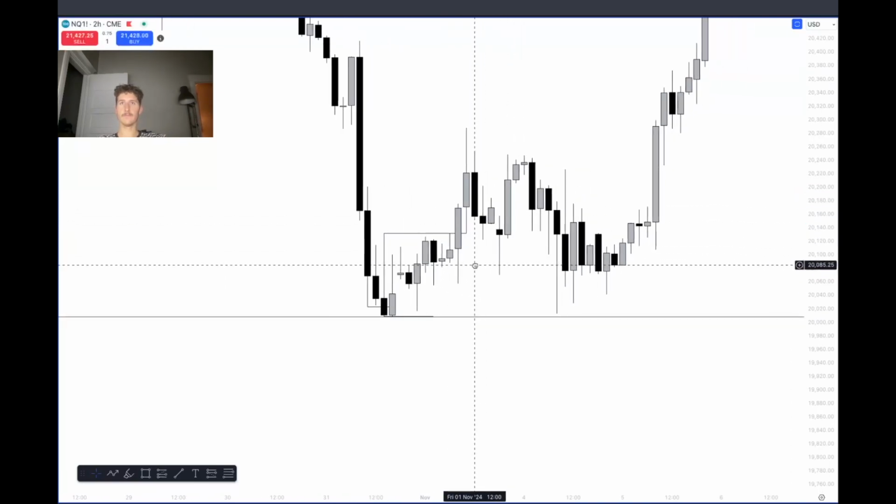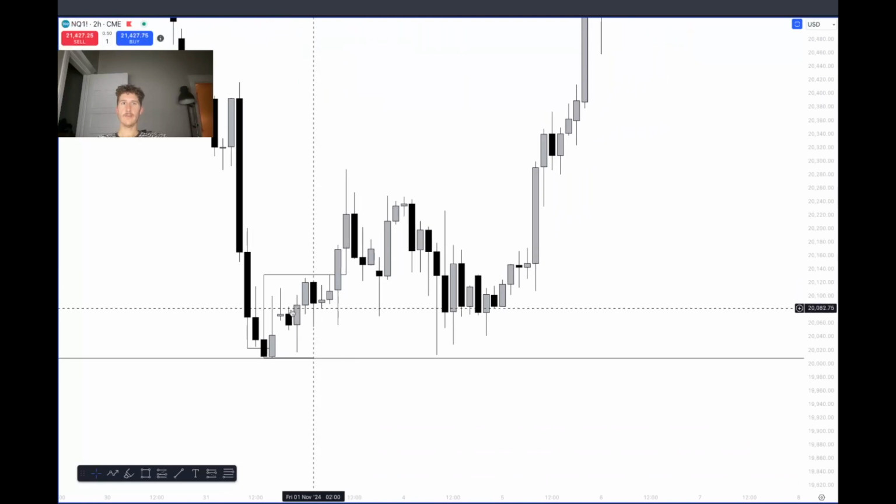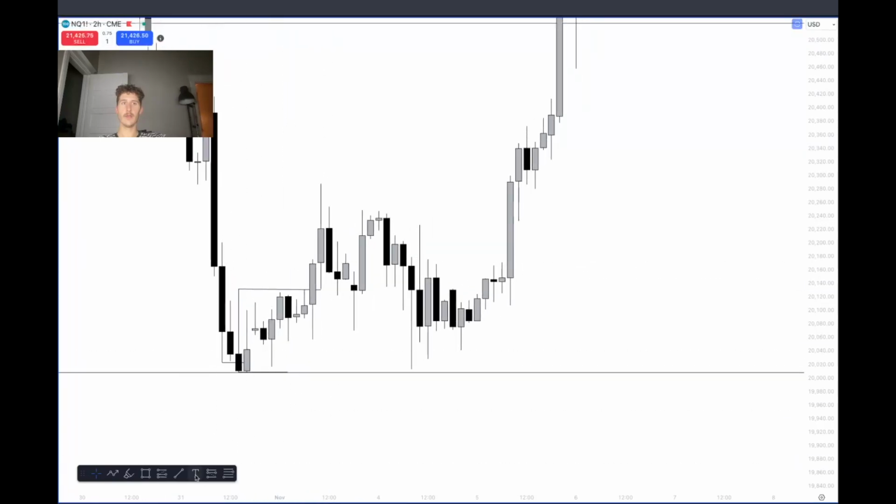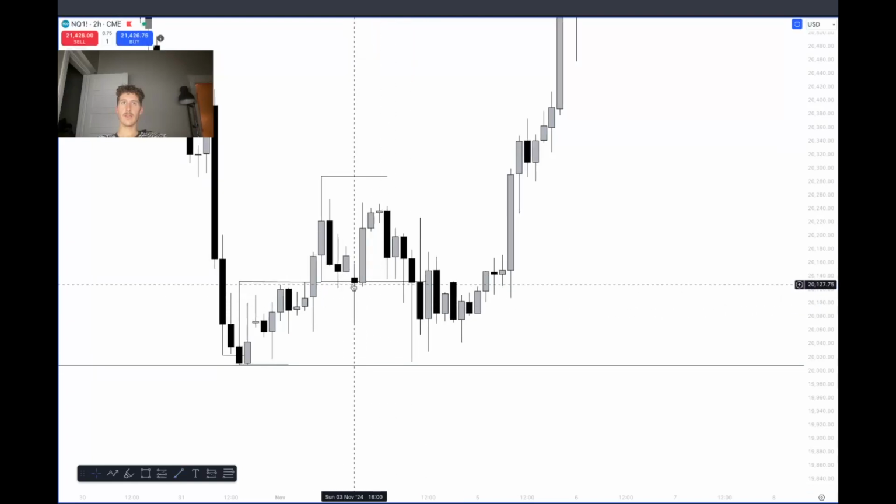Right there. That validates the low once we close above it here. Then we have a high because we go ahead and close below here. And if you don't want to consider this closure, you don't have to.